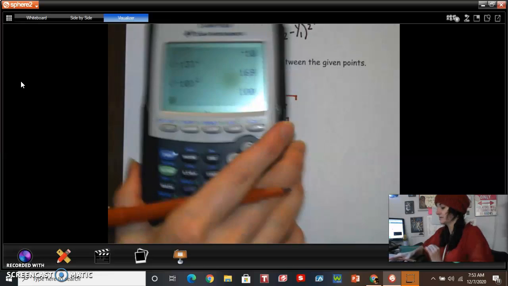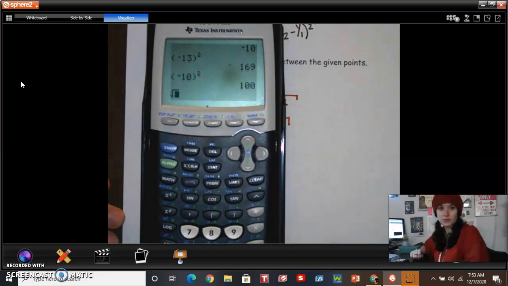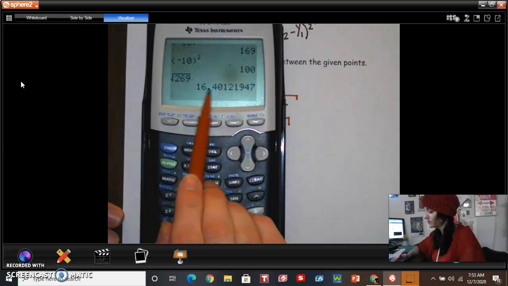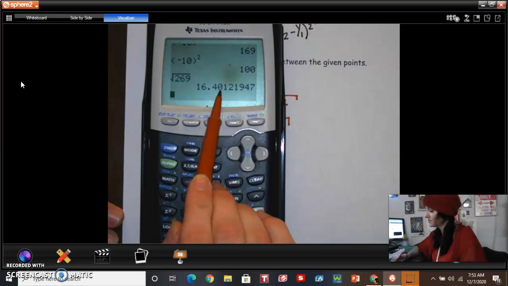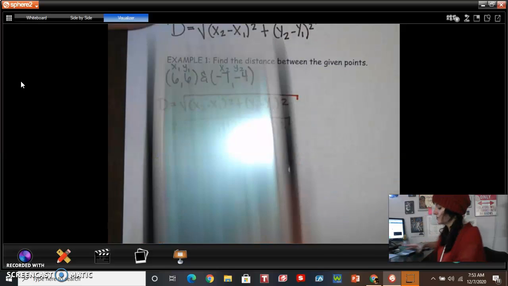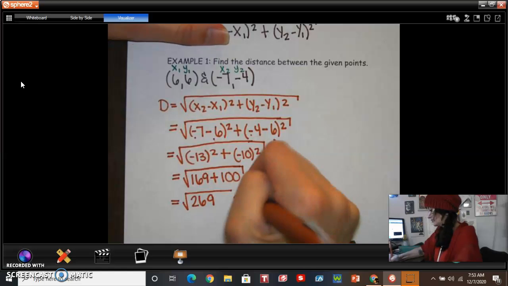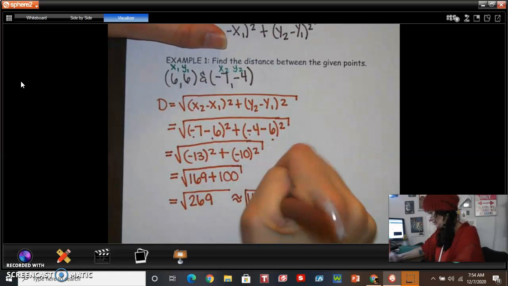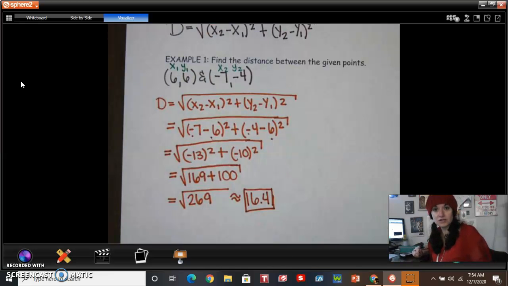Okay, so I'm going to take my calculator, square root 269, round to the nearest tenth, so I got 16.40. 0 is below 5, so it stays at 4, so our answer is 16.4. All right, like I said, go ahead and pause the video here and practice typing this in your calculator to make sure you understand how to do it, all right? Because I am going to want to do another example with you.